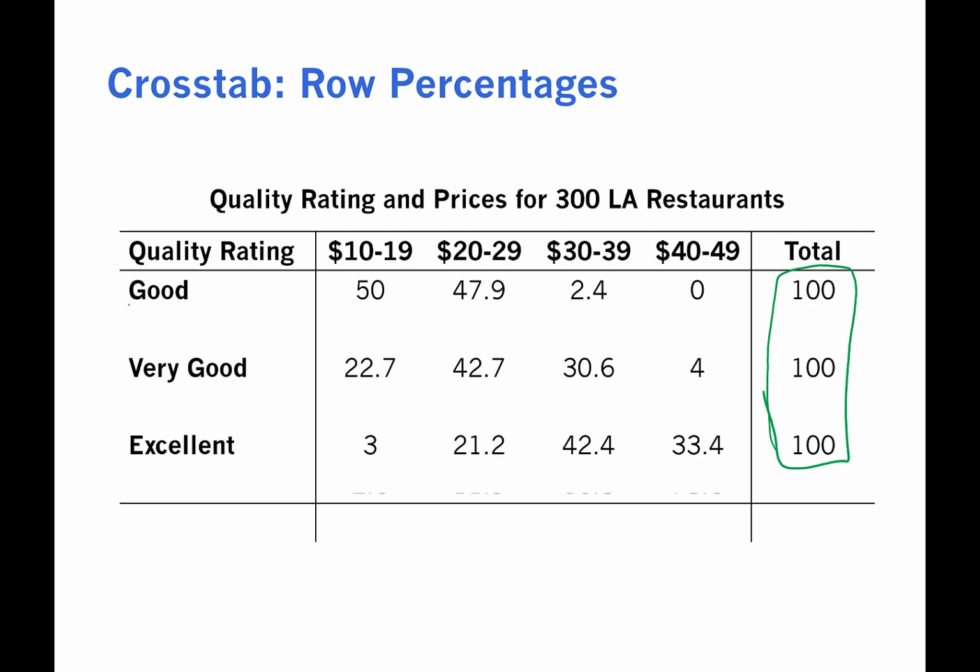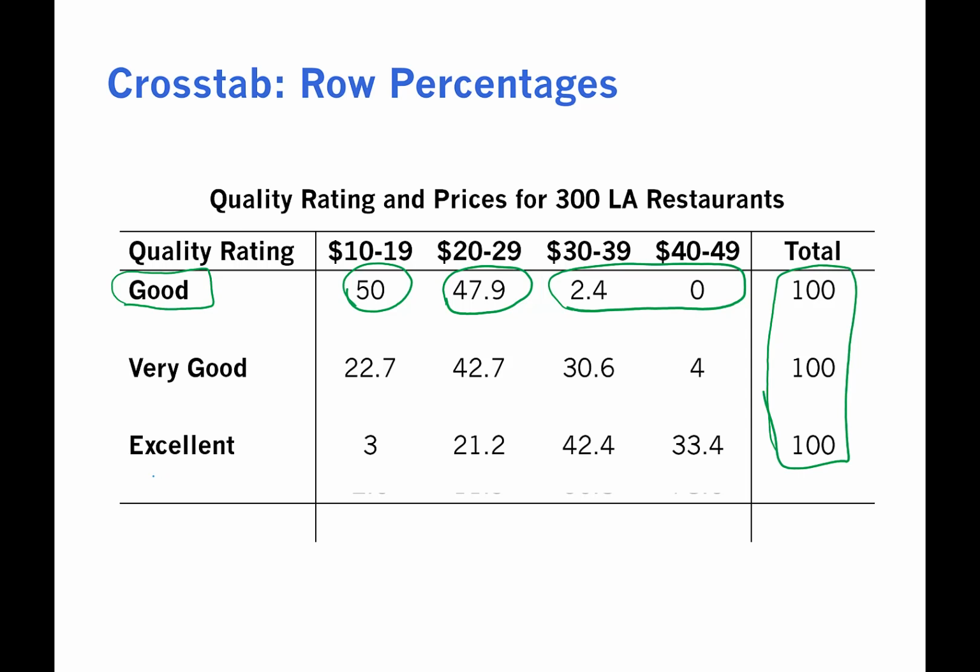Now, among restaurants that are rated good, 50% serve food between 10 to 19. About 50%, actually right below 50%, serve food between 20 to 29, and a very small fraction of them serve food that's expensive, above $30.